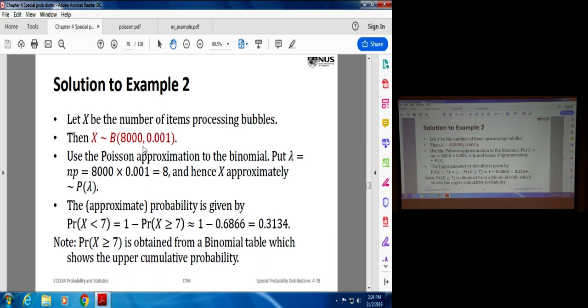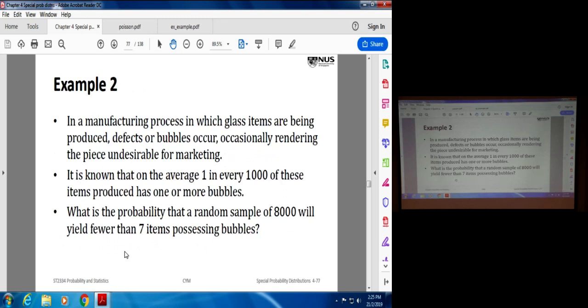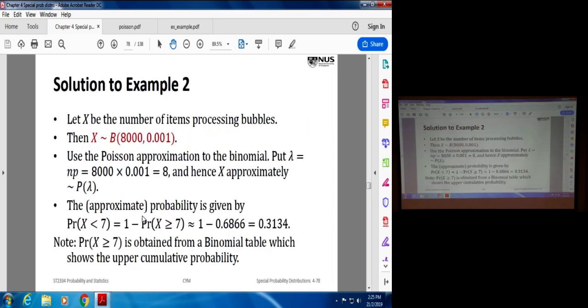So this random variable is binomial with n equal to 8,000 and p equal to 0.001, and what we want to compute is the probability that X is equal to 0, plus the probability X is equal to 1, plus dot dot dot, plus the probability X is equal to 6. That's this chance here.